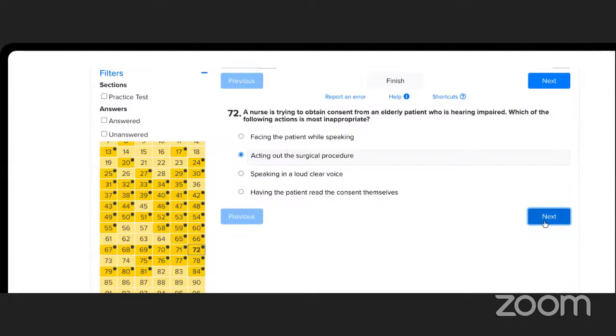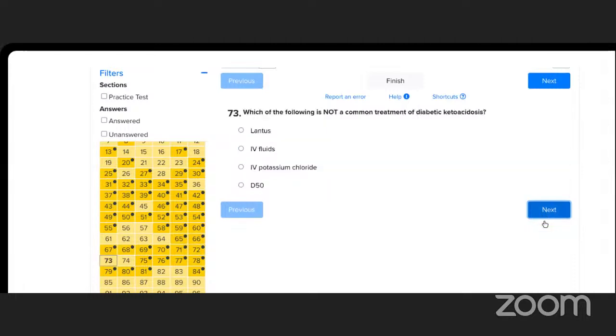Okay, 73. Which of the following is not a common treatment of diabetic ketoacidosis? Not is the key word here, not common.